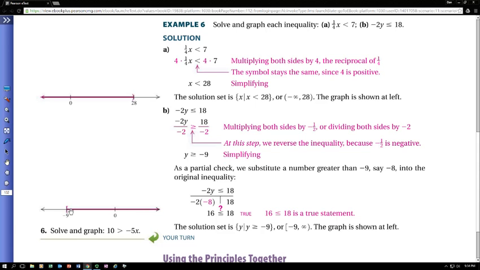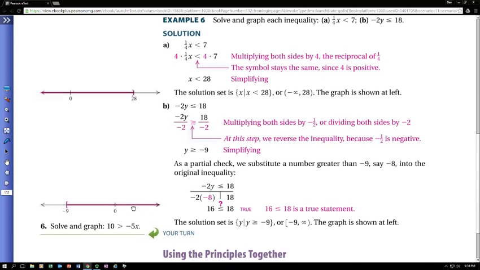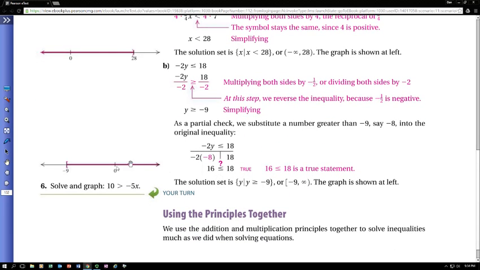And here are the three ways you could illustrate that solution set: a square bracket at negative 9, and then everything to the right of negative 9. It'd probably be here, where I'm doing the graph of this, that I would check it against the original. I'd use a value that's easy, like 0. According to this graph, 0 should be a solution to this inequality. So let's put 0 in for y.